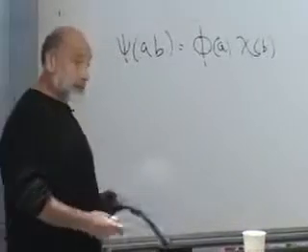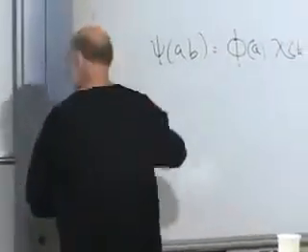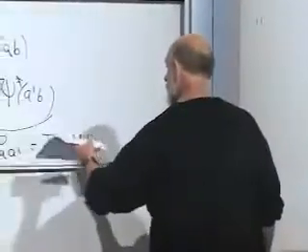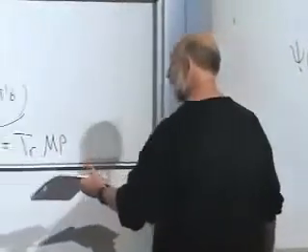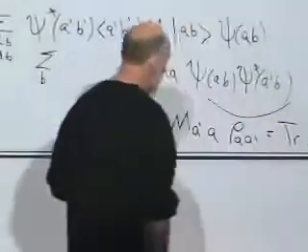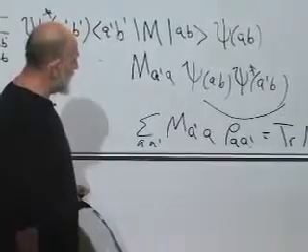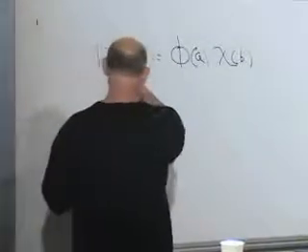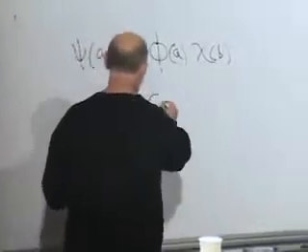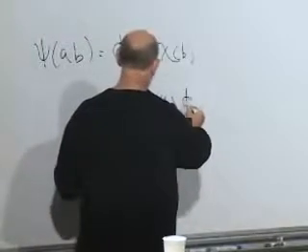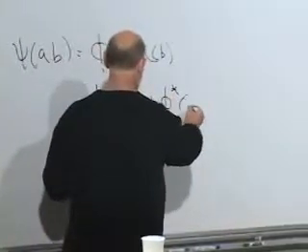then let's calculate the density matrix itself. The density matrix for the A subsystem. For the A subsystem, we have to multiply psi of A and B times psi star. I think I actually have something backward. No, that's all right. So we have to take psi of A and B times psi star of A and B. That's phi of A chi of B times phi star of A prime.